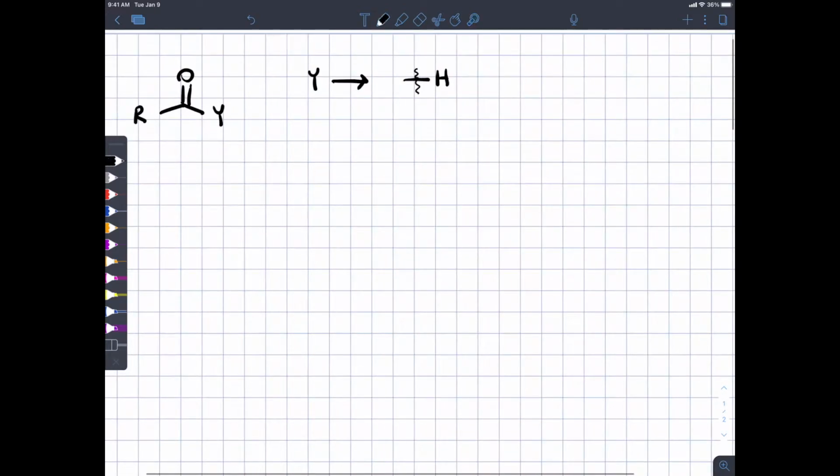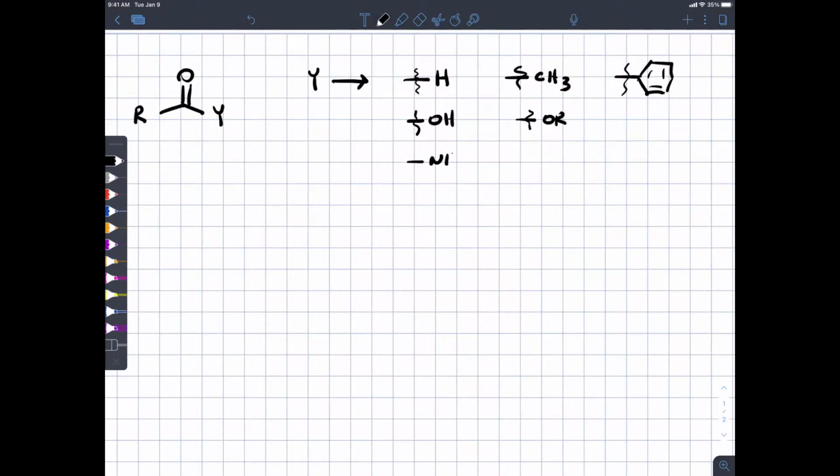If it's a hydrogen, that would be an aldehyde. If it's an alkyl group, or say a benzene ring, that's a ketone. And there are a lot of other alkyl groups you could think of attaching. If it's an OH group, it's a carboxylic acid. If it's an OR group, it's an ester. If it were an NH2 group or an NHR group, that would be an amide.